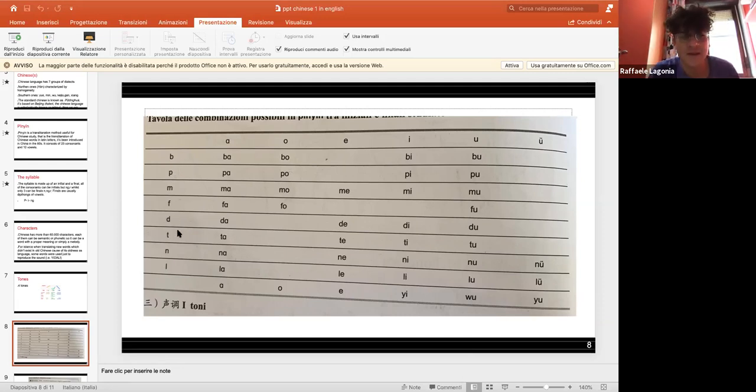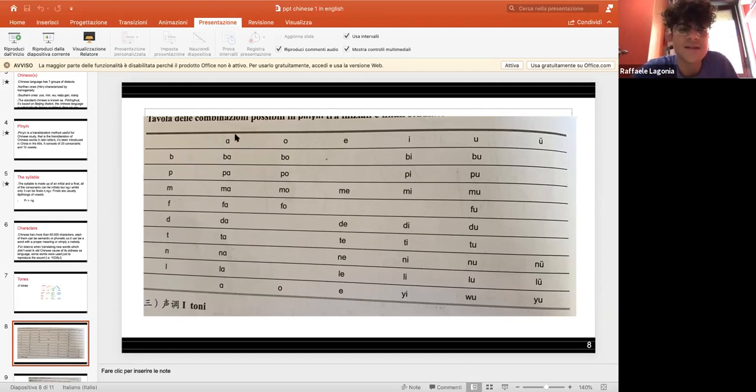Same thing for D and T. Then we have N and L that are pronounced N, N, and L, L. And the M is pronounced M, while the F, F.